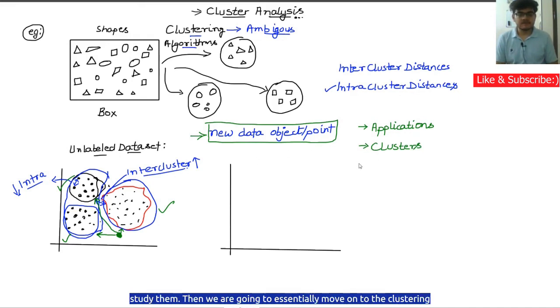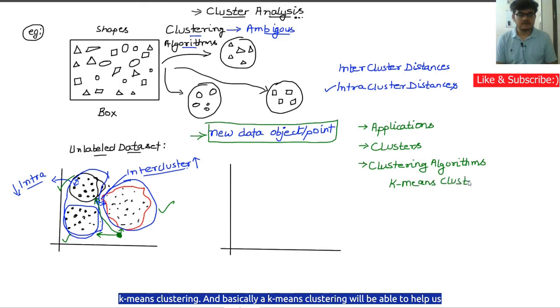Then we are going to move on to the clustering algorithms, and we will study the different types of clustering algorithms like k-means clustering. Basically, k-means clustering will help us convert the whole unlabeled data set into different clusters.